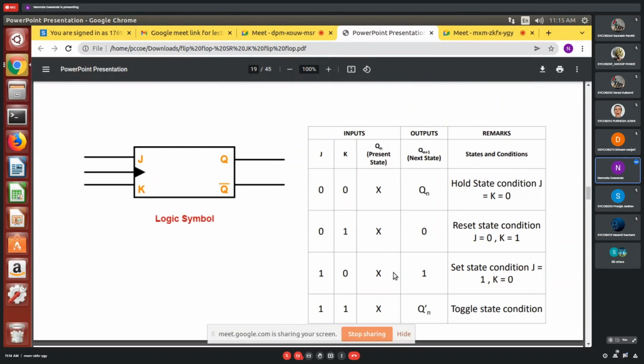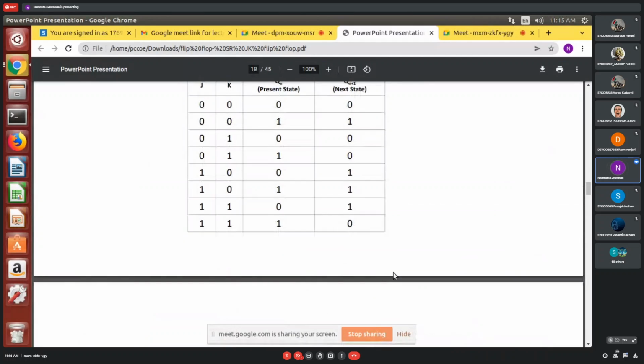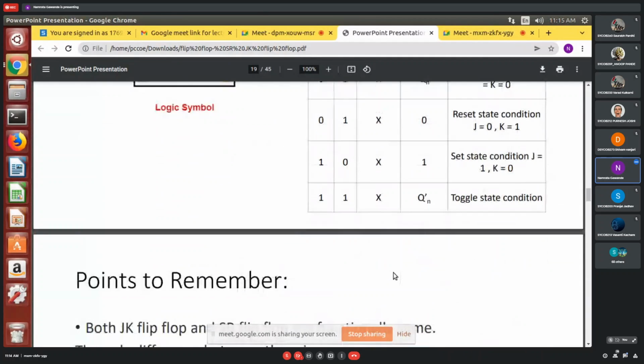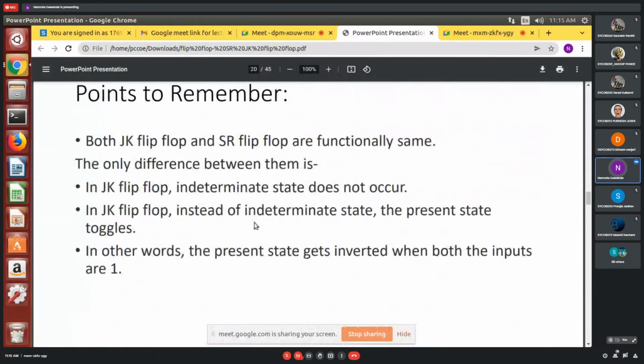You have to just go through this circuit diagram and truth table. Points to remember: both JK flip-flop and SR flip-flop are functionally the same. The only difference is that in the JK flip-flop, the indeterminate state does not occur. Instead of the indeterminate state, the present state toggles. In other words, the present state gets inverted when both the inputs are 1. So this is the JK flip-flop.